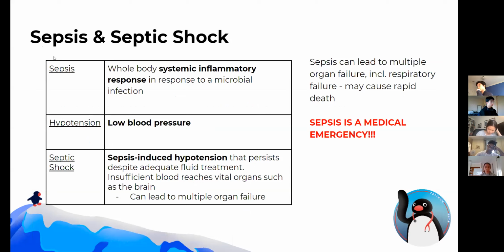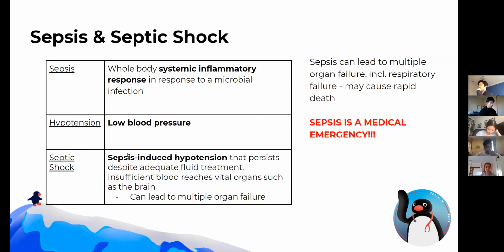Here are a few definitions for sepsis, hypotension, and septic shock. Sepsis is the whole body's systemic inflammatory response to a microbial infection. Hypotension is just the word for low blood pressure.